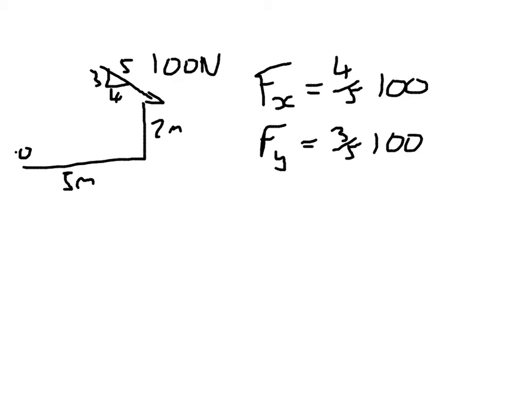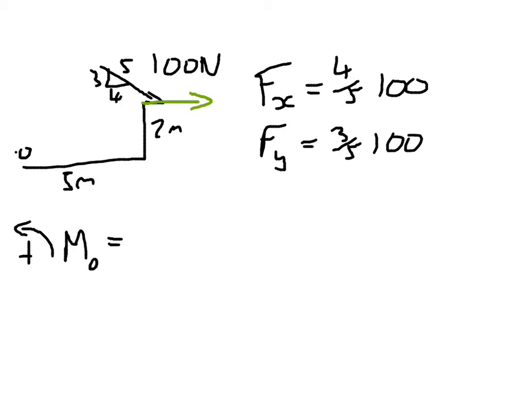Then our moments, if we're calling anti-clockwise positive as we normally do, then our moment about point O is going to be, well, if we think about the x component first, the x component is going that way.